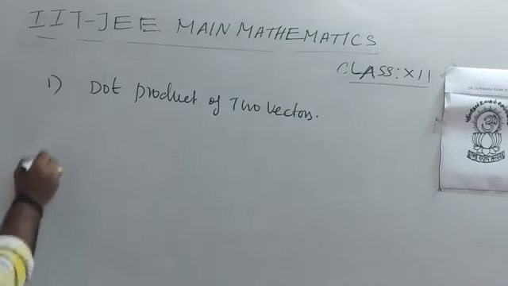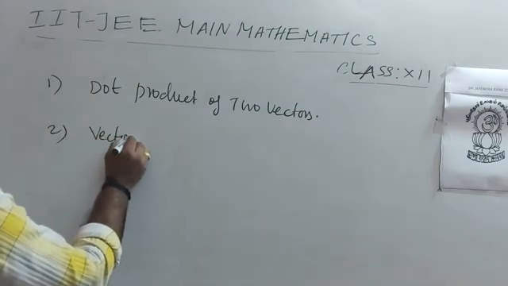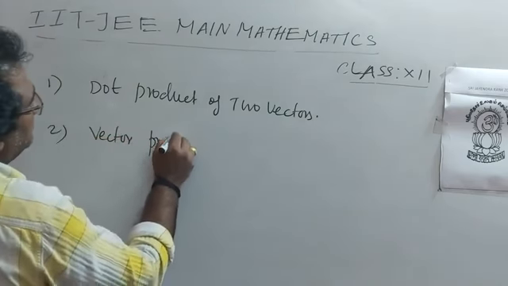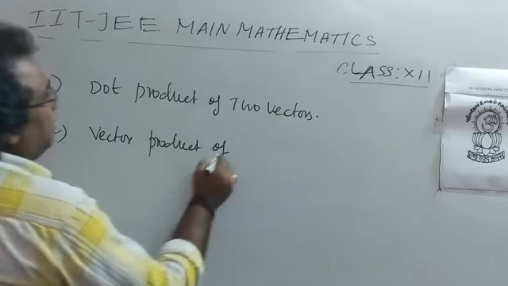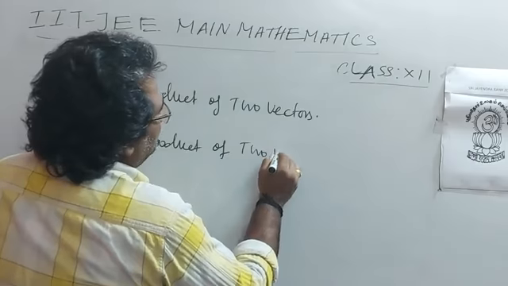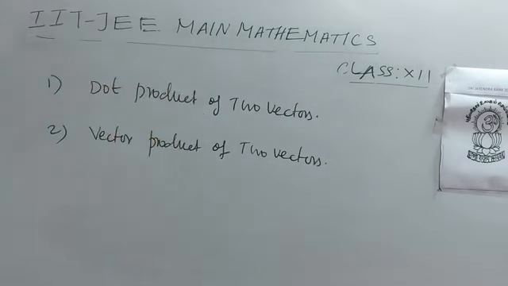Dot product of two vectors. Vector product of two vectors. So we have studied in +1 these portions.